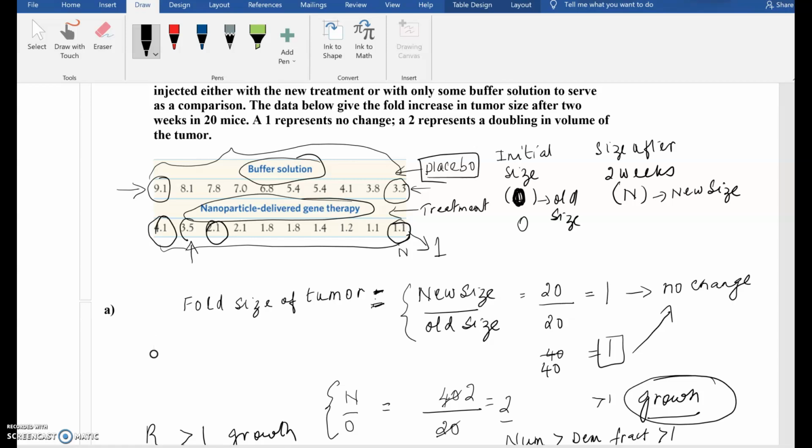And at the worst, if you look at either this number or this number, it had tripled in size or doubled in size. But it wasn't as bad as the previous group, where it was almost 9 times the size. So at least the treatment worked in controlling the size of the tumor.